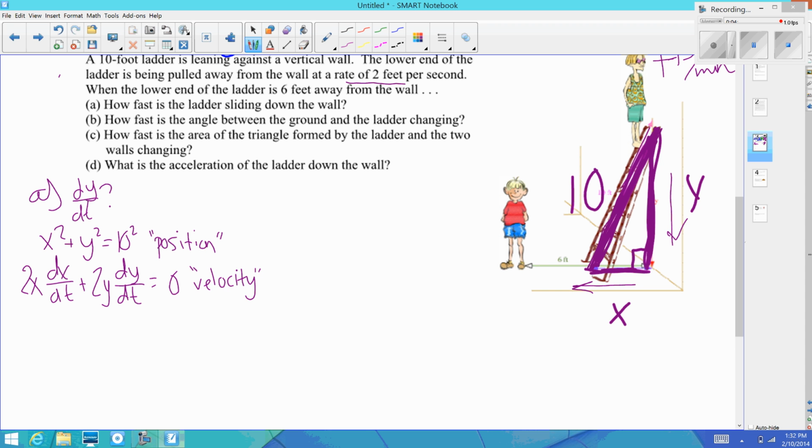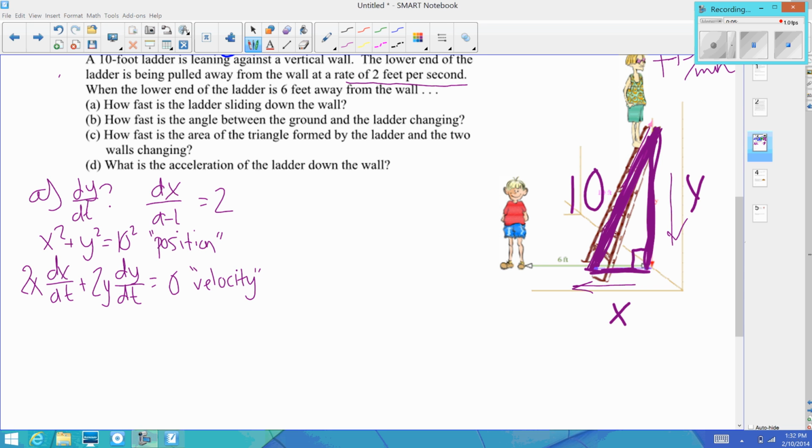All right, and there's something else here. The lower end is being pulled away at a rate, so dx/dt would be 2. And don't get tricked because it says it's being pulled away. The x is increasing. So now I could divide both sides by 2, so I'll just get x.